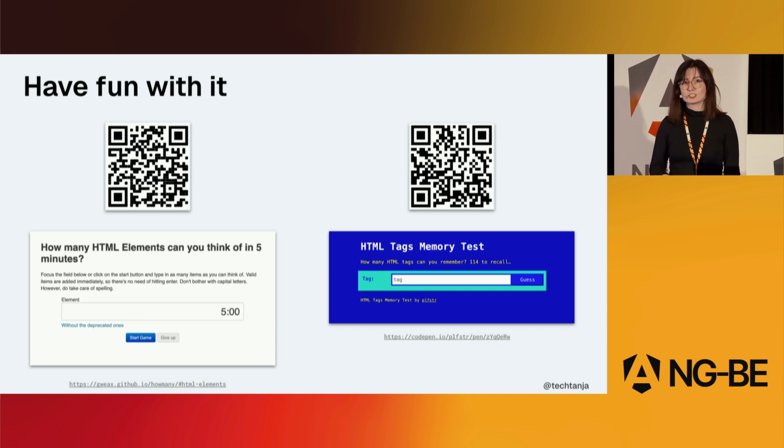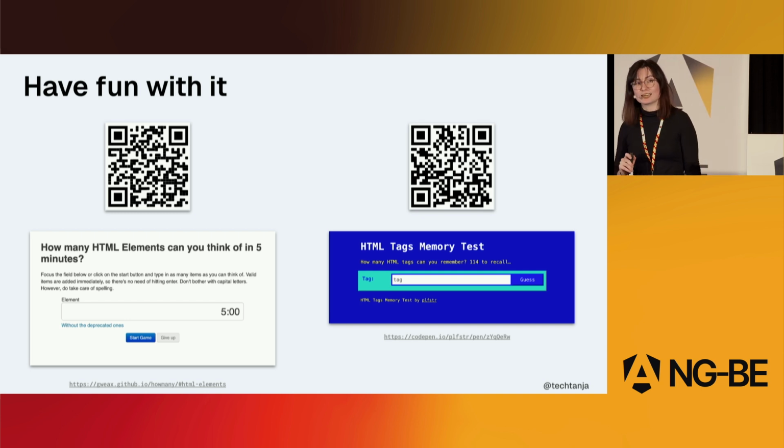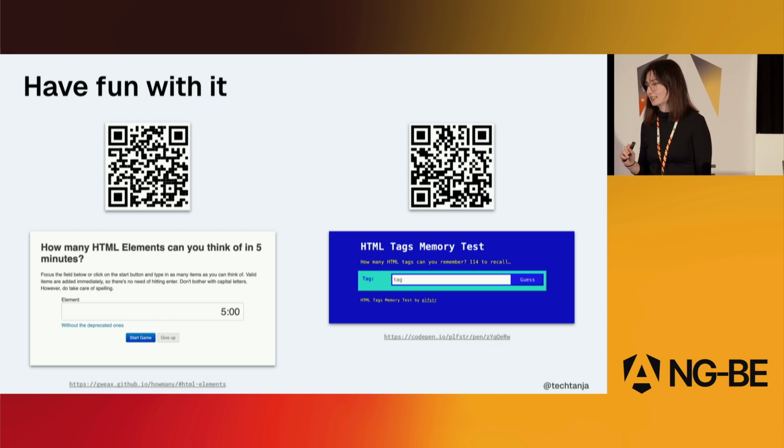So yes, just a question. Does anybody know how many HTML tags there are? There is a number on the screen. Yes, that's very attentive. But actually, thank you, that's the point that I wanted to make. Well, I've checked, and this is very difficult to check, but the internet agrees that there are 112 HTML tags.